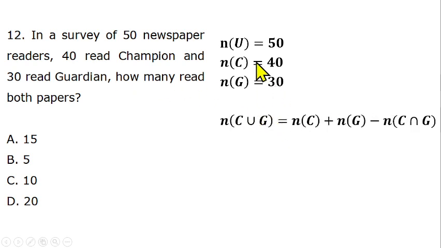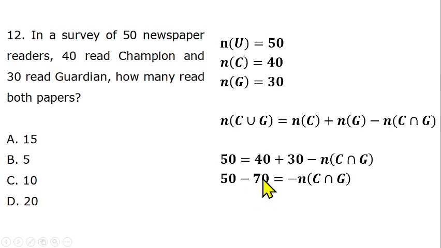If you use the formula instead of using the Venn diagram, which will take our time, since there is no one idle, the number in the universal set should be equal to the number of people that read Champions plus the number that read Guardian minus the people that read both papers. So that's what we are really looking for. So you know that the universal set is 50, equals 40 plus 30 minus the people that read both, which is what you are really looking for.